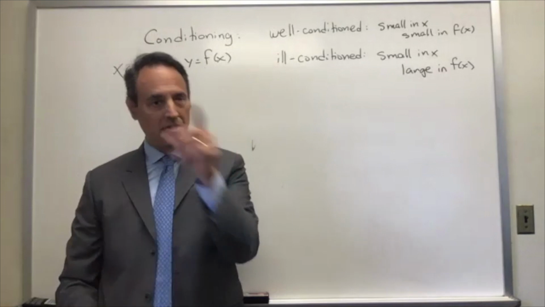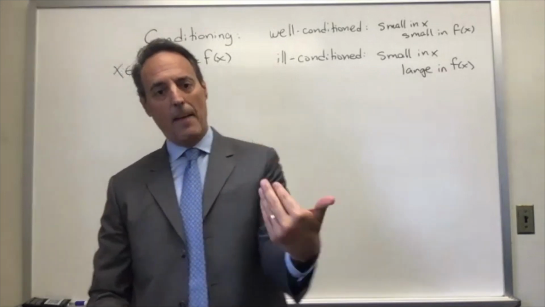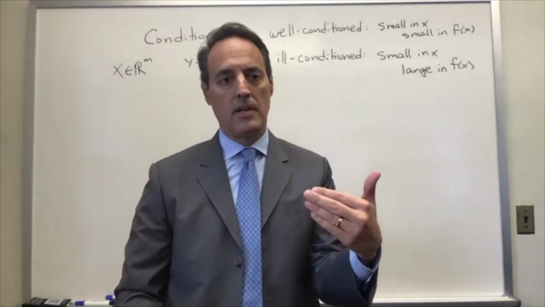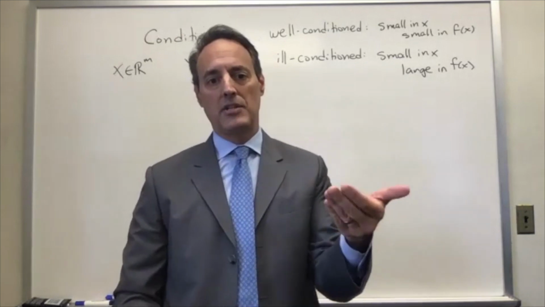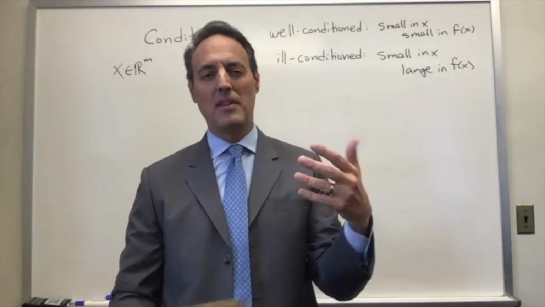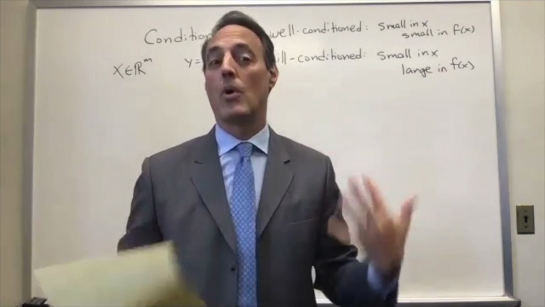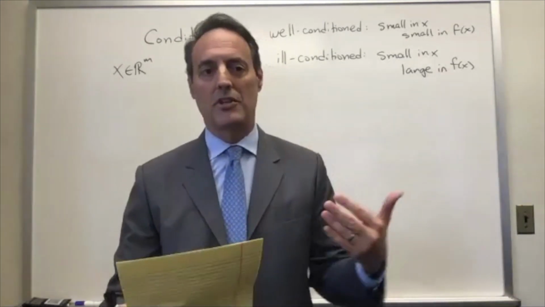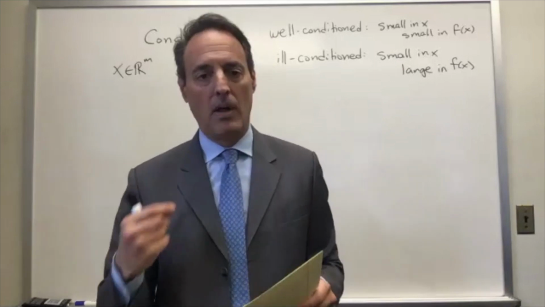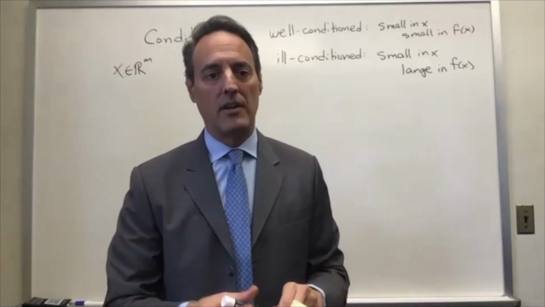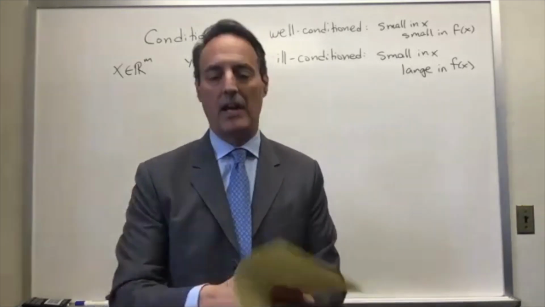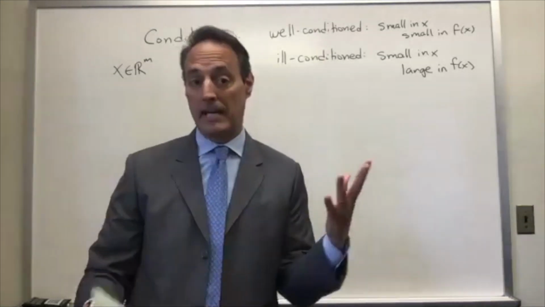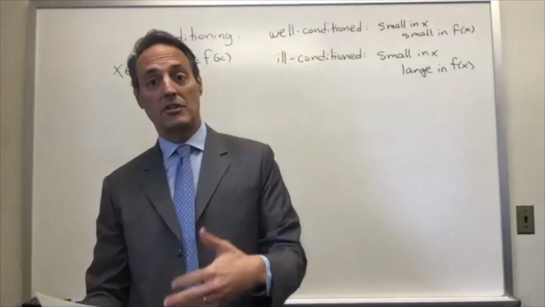So a more standard way to do this, by the way, the absolute condition number often doesn't make as much sense. It's assuming that most of the numbers are order one quantities, really, at the end of the day. But relative condition number is what people tend to use more often, because it accounts for the fact that maybe my numbers are all really big, or maybe my numbers are all really small.